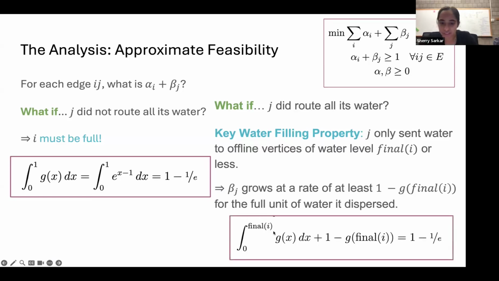And so we can do a very similar analysis. The first term on the left is alpha i, in a very similar manner to how I did on the left. And this term is just 1 times the rate that it's growing at, which is at least 1 minus g of final of i. And that again gives us 1 minus 1 over e, which is kind of amazing. And so maybe in hindsight this sheds light on why we wanted this g of x function, where it comes from. You can just optimize for g of x, given that you're trying to maximize these quantities.